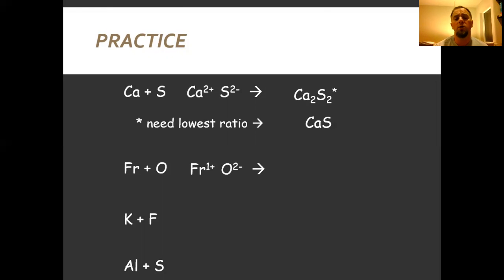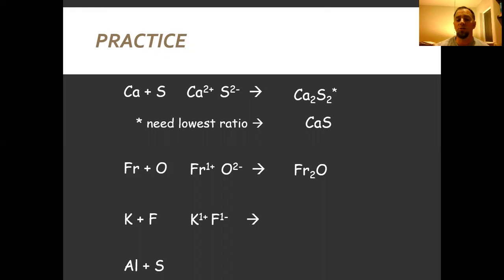Okay, so for francium and oxygen, we know francium has a 1 plus charge. Oxygen has a 2 minus charge. After our crisscross method, Fr2O for francium oxide. Let's take a look at the next one here. Potassium and fluorine. Potassium has a 1 plus charge.